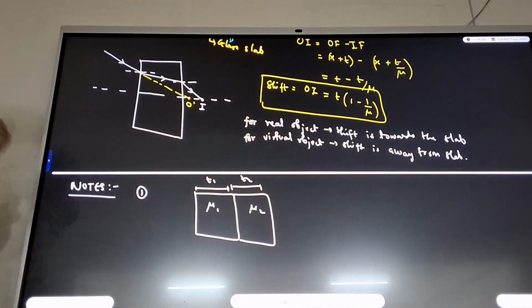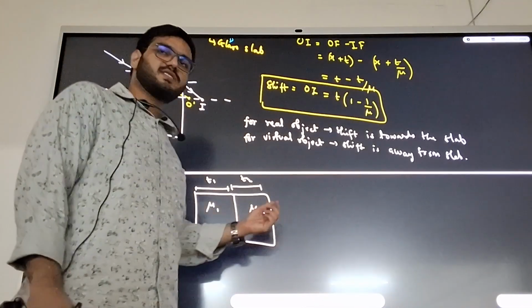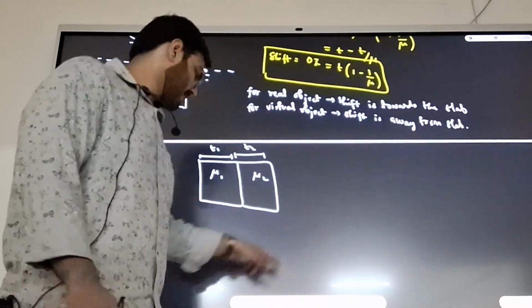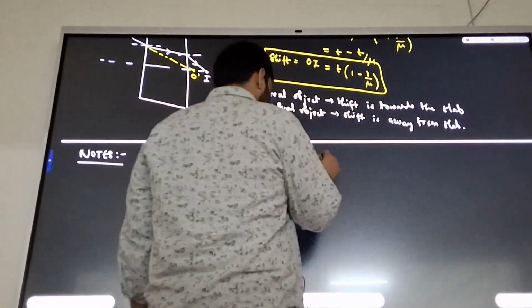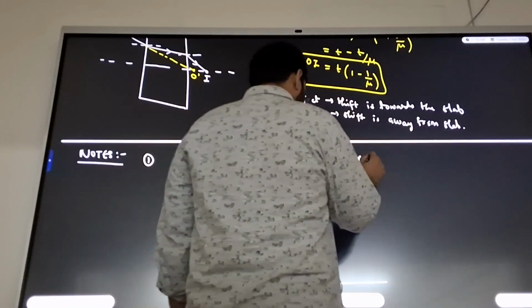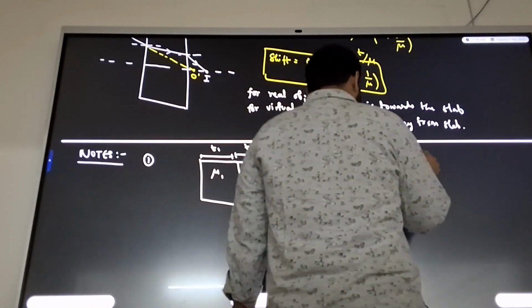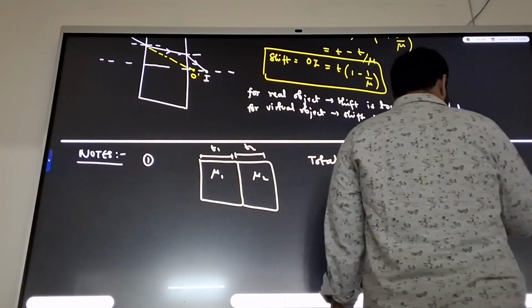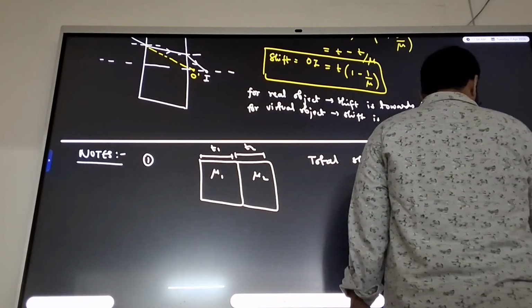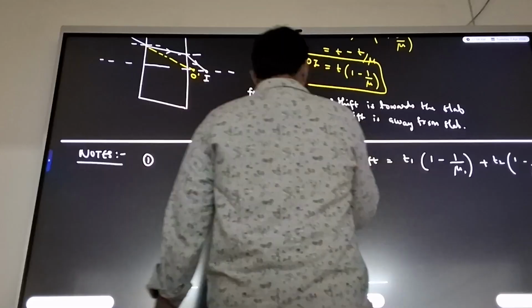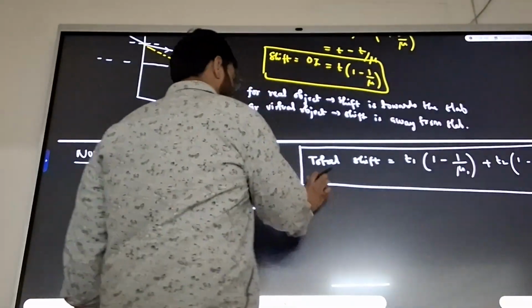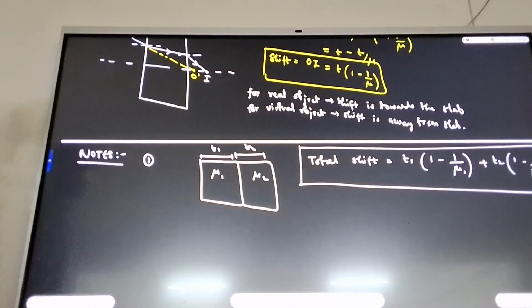It will be the addition of the shifts. So total shift is equal to T1 into (1 minus 1 over mu1) plus T2 into (1 minus 1 over mu2). This is the total shift.